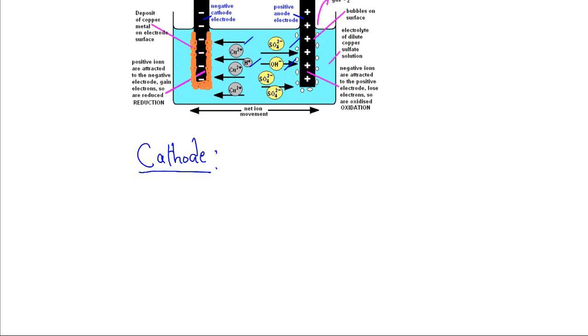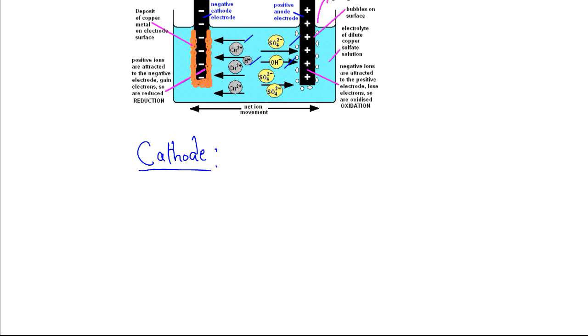So here we have copper 2 ions and hydrogen ions migrating here. Copper is lower than hydrogen in the electrochemical series. Therefore, it is discharged in preference to hydrogen. This is discharged.